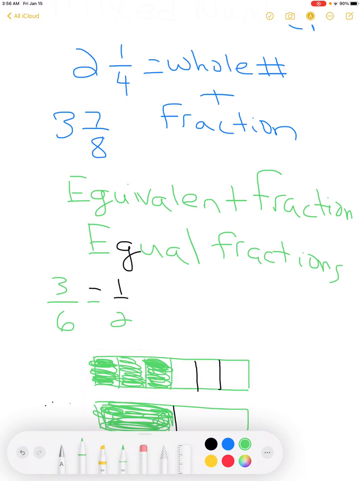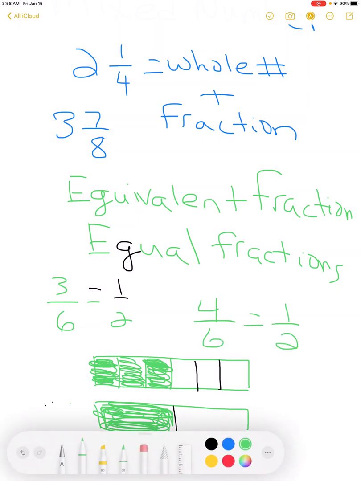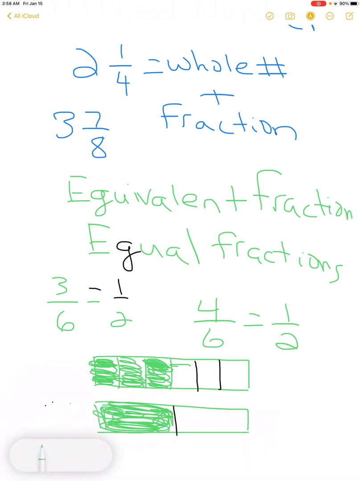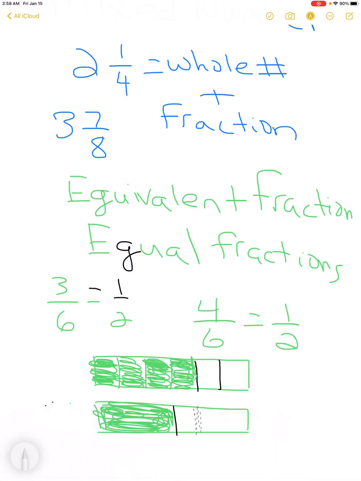Now, if we had 4/6 equals 1/2, that wouldn't be true. Because if I shade in one more of the squares, that represents 4/6, 4 of the 6 squares. 4/6 is a lot longer than 1/2. You see how 4/6 stops here? 1/2 stops here.